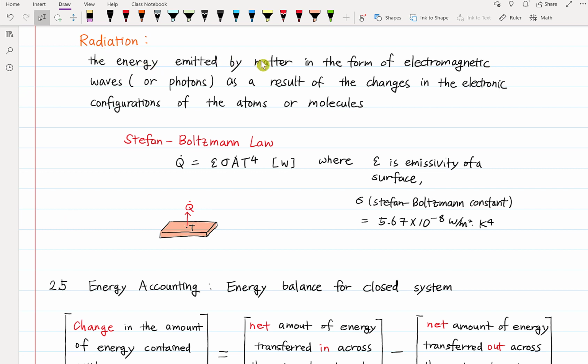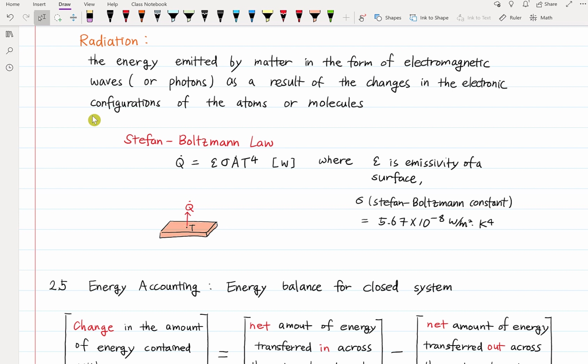Radiation is the energy emitted by matter in the form of electromagnetic waves or photons as a result of changes in the electronic configurations of the atoms or molecules. Radiation is emitted by solids, liquids, and gases, and radiation is emitted through vacuum.